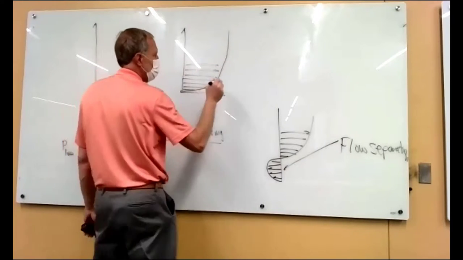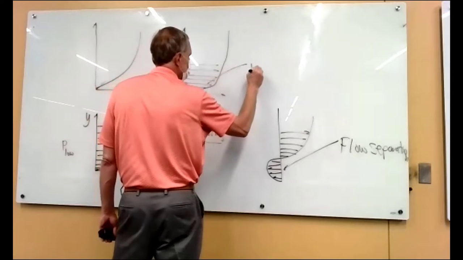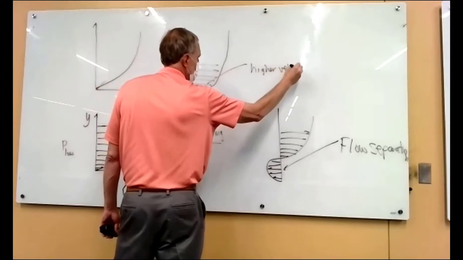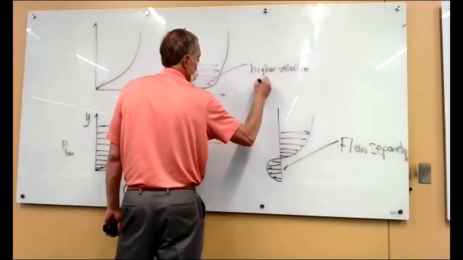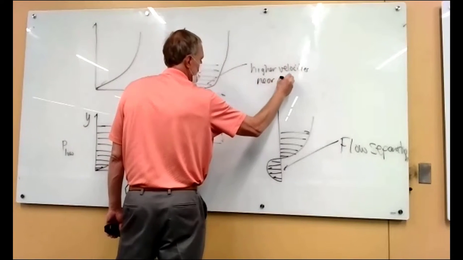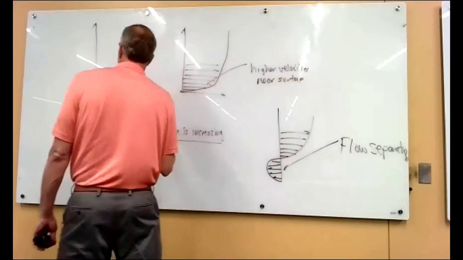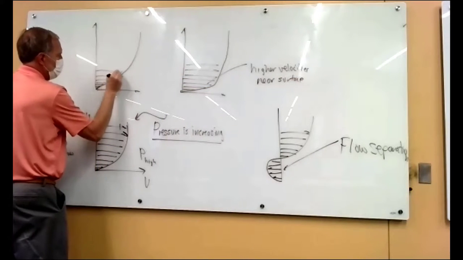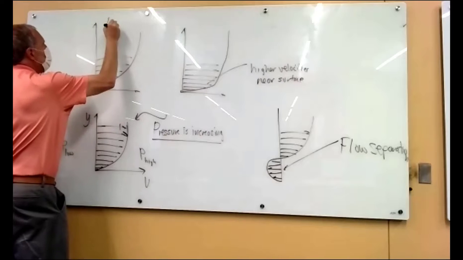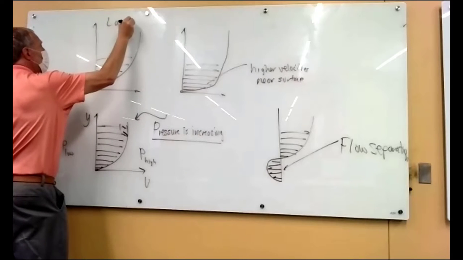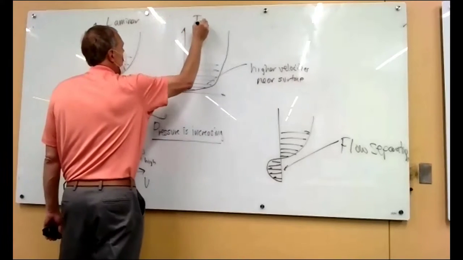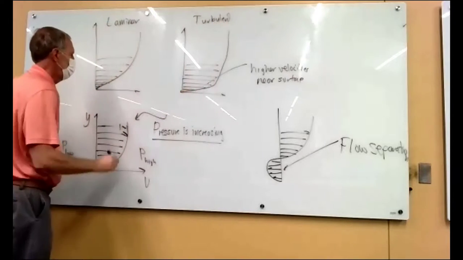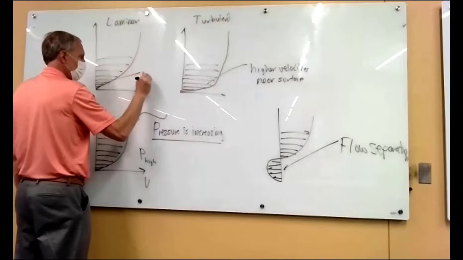And the key feature here is that this has higher velocities near the surface, whereas this has lower velocities near the surface. So this is laminar. This is turbulent.